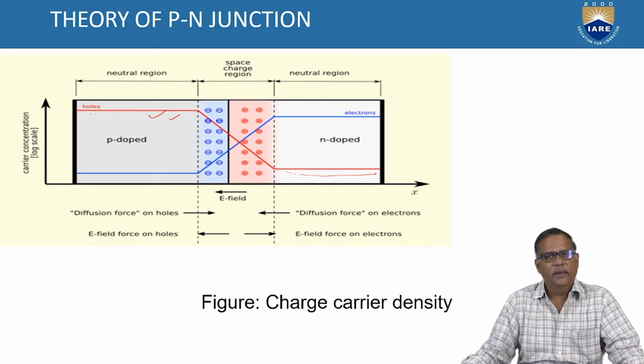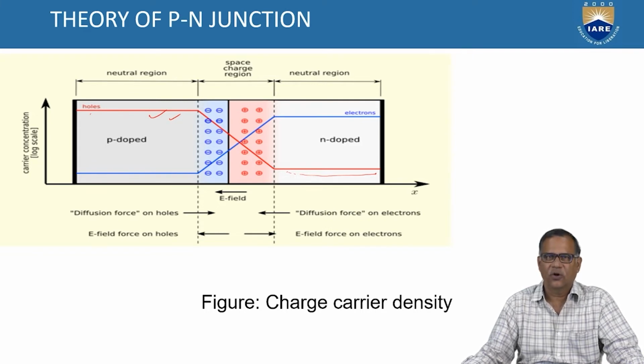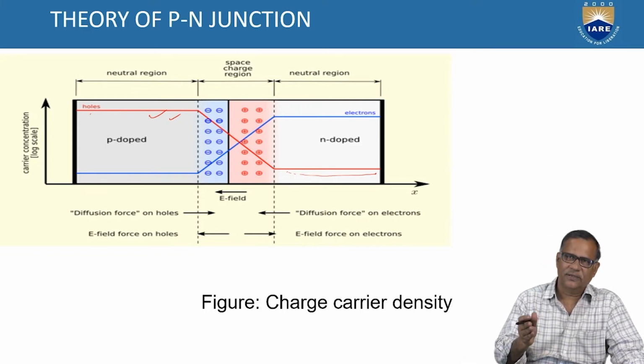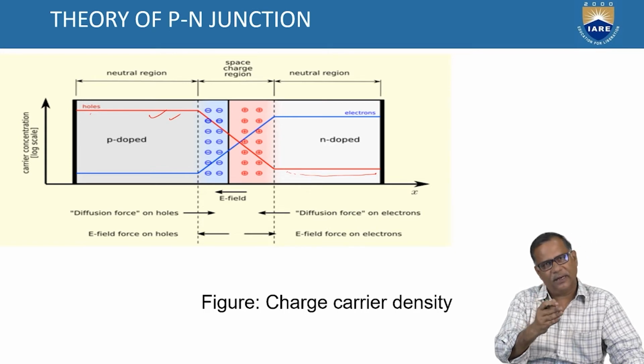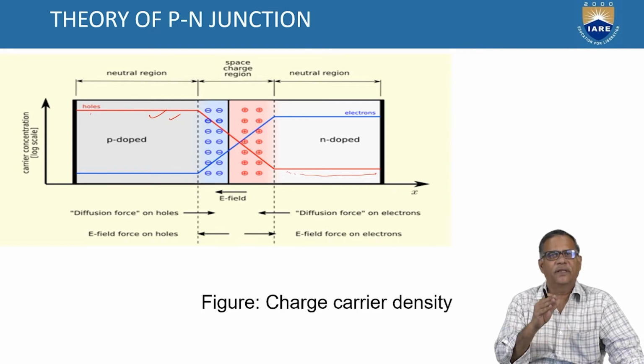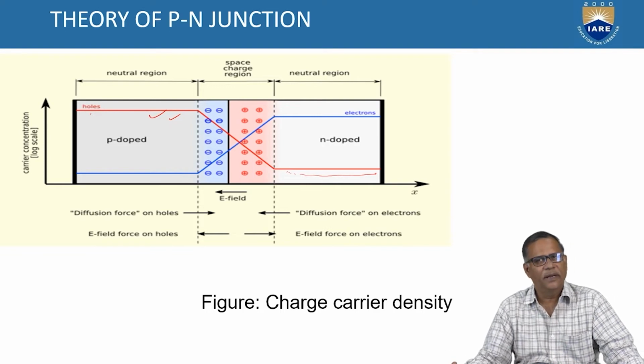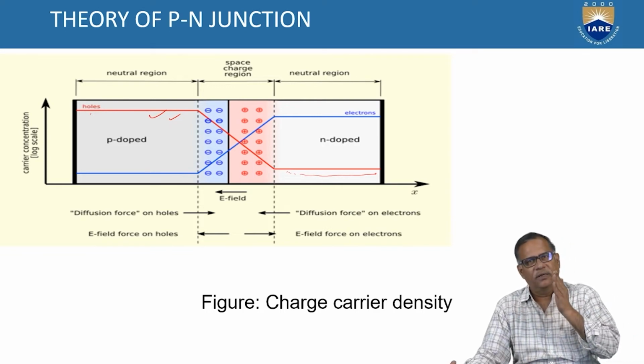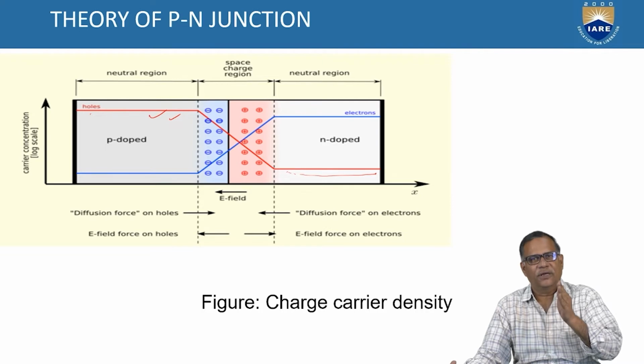Similarly, in n-type material we have majority charge carriers as electrons. These electrons travel towards the p side, and when they do, they meet holes, and the electron-hole pair disappears. The atoms on the p side, when they lose their holes, become negatively charged, so negative ions are produced on the p side.